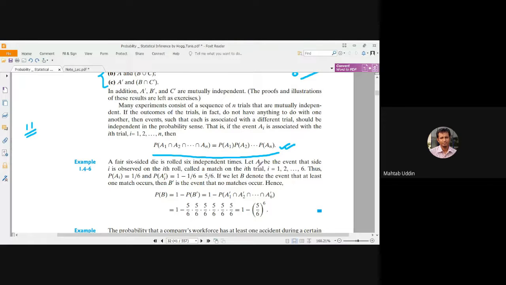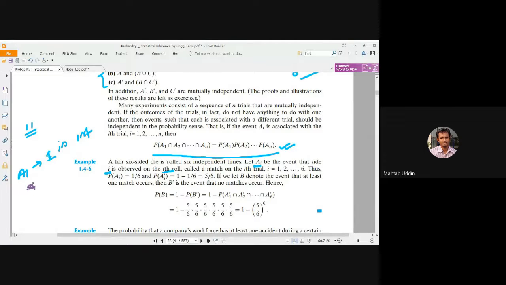Let Ai be the event that I observed i in the ith row. That is, A1 means 1 in the first row, right? Yes, sir. Okay.